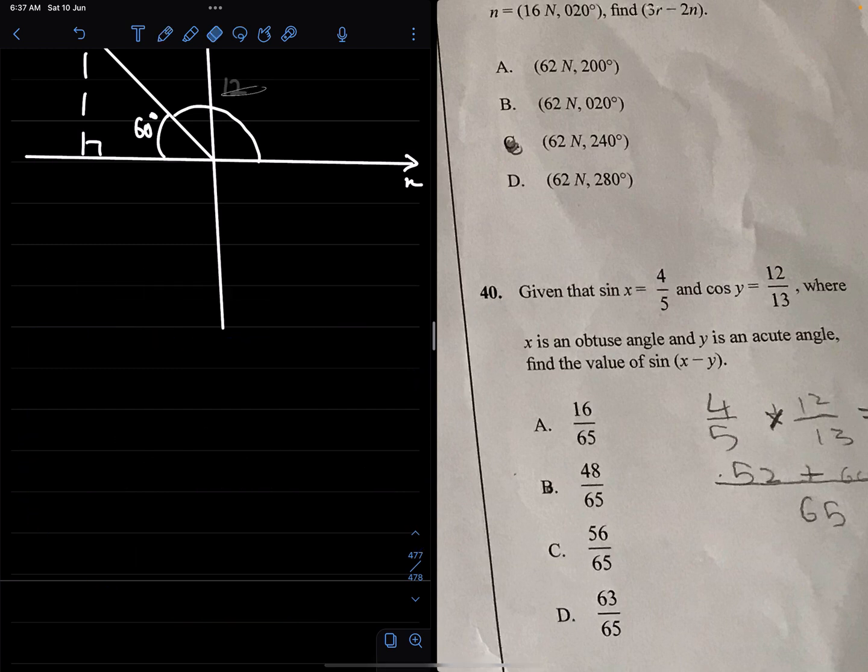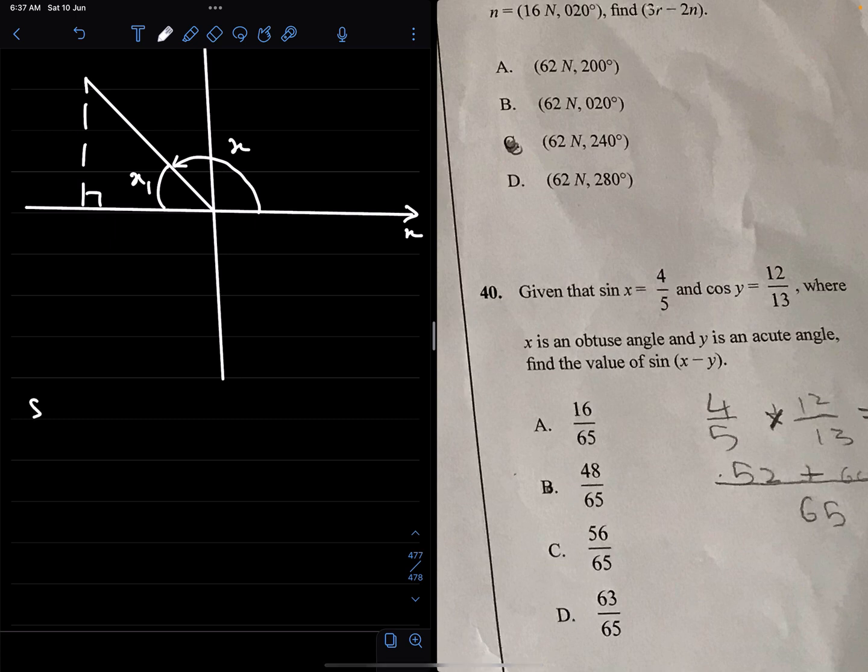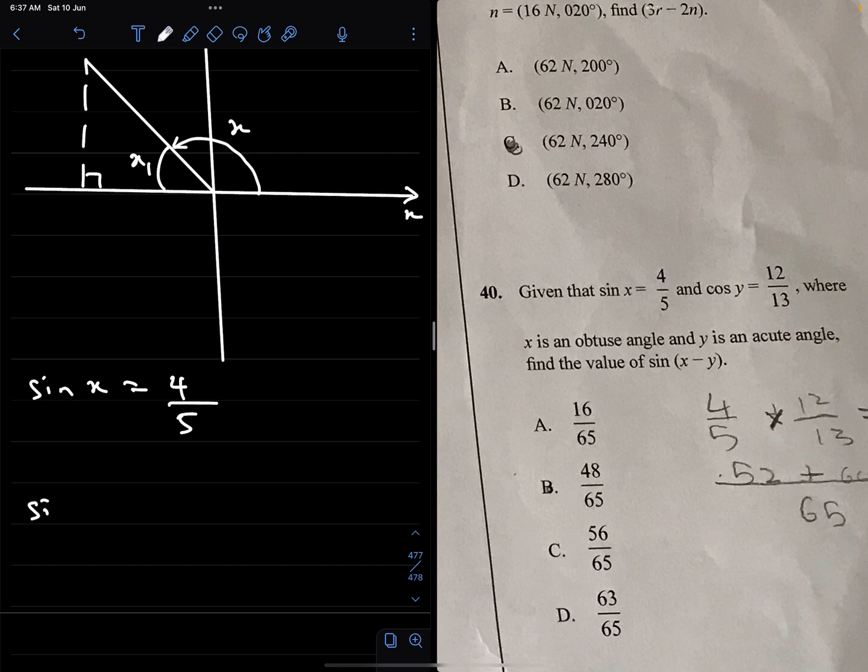So here the obtuse angle is x. Let me call the acute angle that corresponds to it x1. They said sine x is 4/5, which is the same as sine of 180 degrees minus x1.